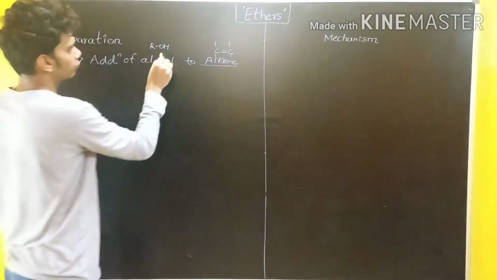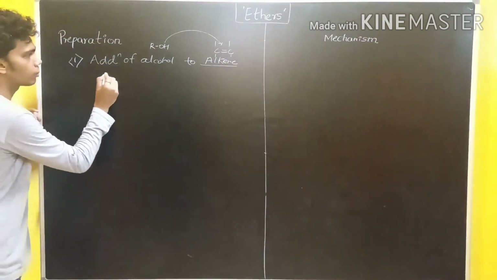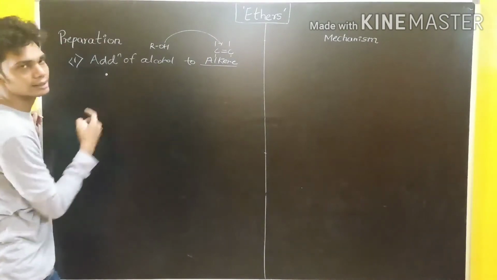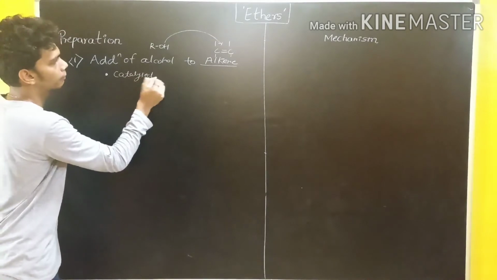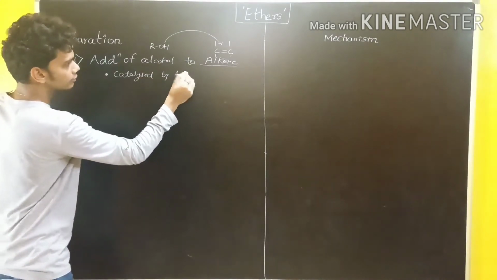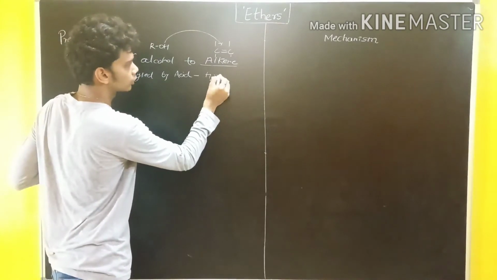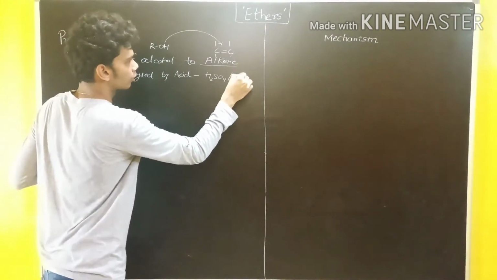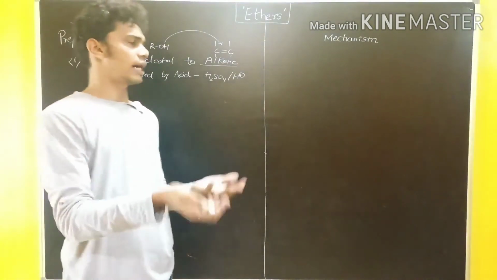We are adding alcohol to the alkene. We must know that this method is catalyzed by acid, predominantly H2SO4. That is the condition, and we know that the catalyst regenerates at the end.